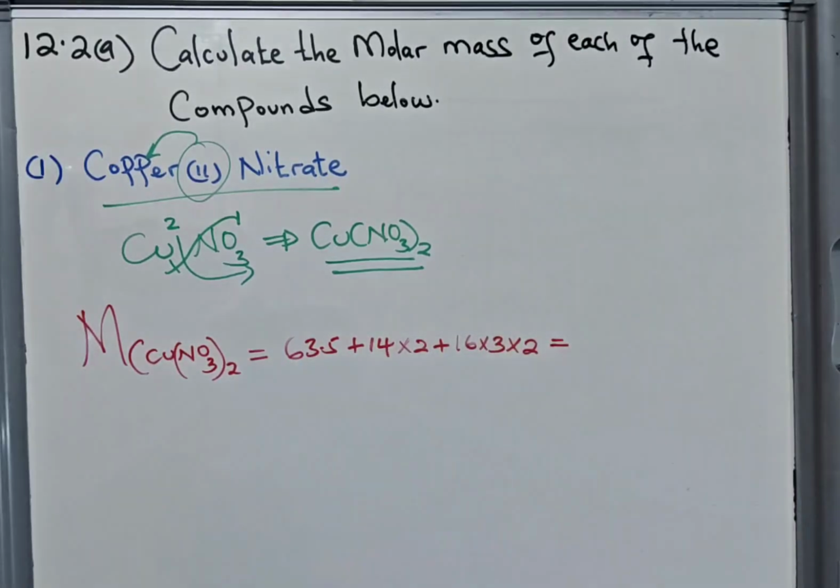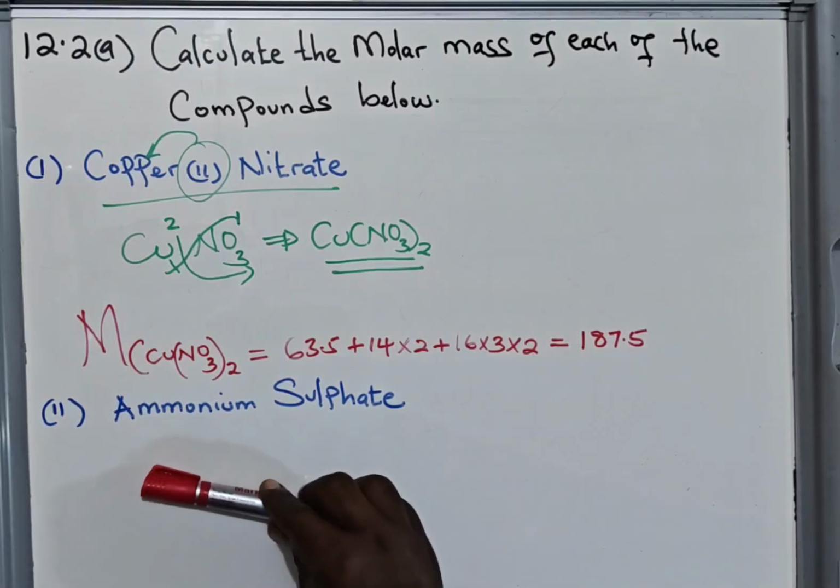What you get out of this is going to be the molar mass of copper(II) nitrate. Then we come to this one.